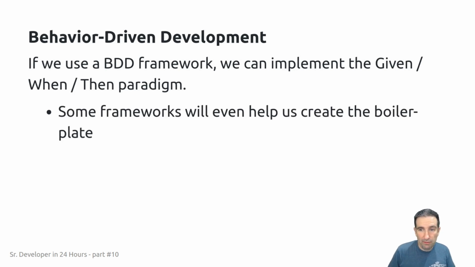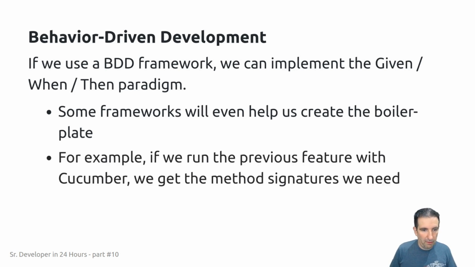One of the nicer things is that some of the frameworks will even help us to create the boilerplate code that allows us to execute those scenarios that have been written in, basically, English or whatever language you want to use. So for example, if we run the previous feature with Cucumber, we're going to get the method signatures of the steps we need to implement.